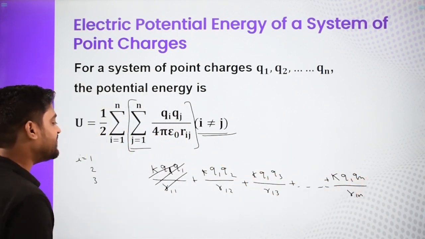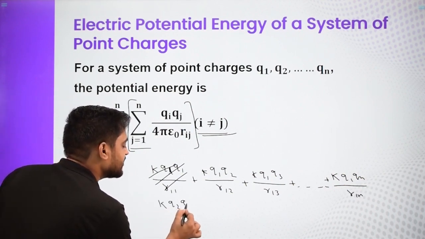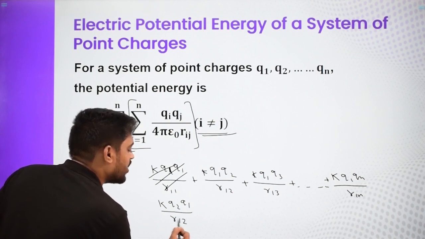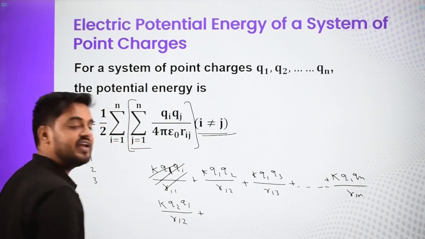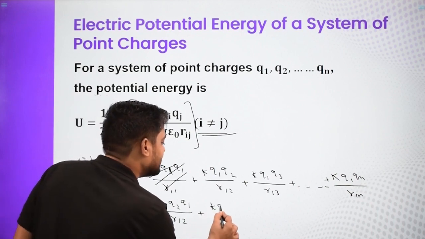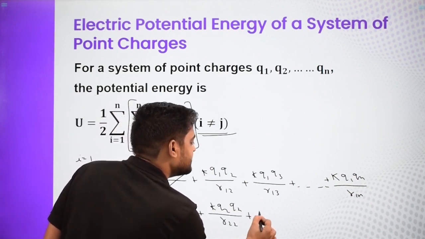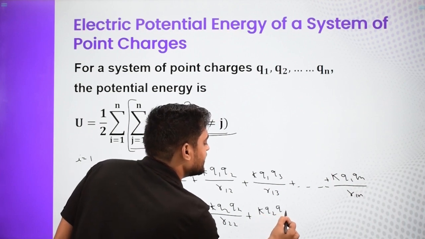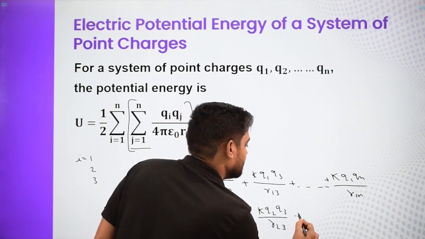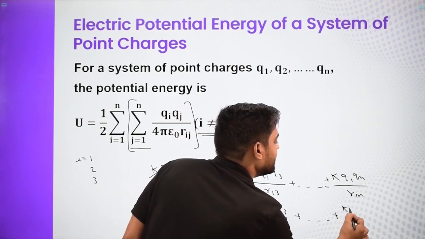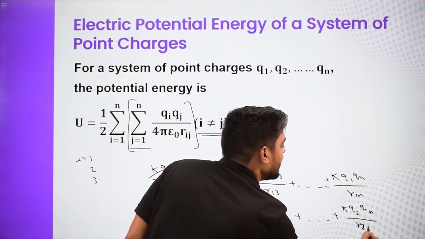The next thing we get for 2 is k q2 q1 by r12 or r21, which is the same, the distance between 1 and 2. Then k q2 q2 by r22, plus k q2 q3 by r23, plus k q2 qn by r2n.